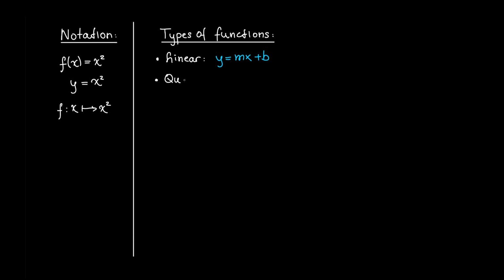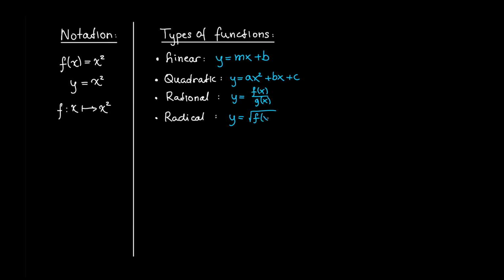Next in line would be quadratic functions, given in the form of ax squared plus bx plus c. Moving forward, we have something called rational functions, where y is given by f of x divided by g of x. Then we have radical functions, which are given by y is equal to the square root of f of x.